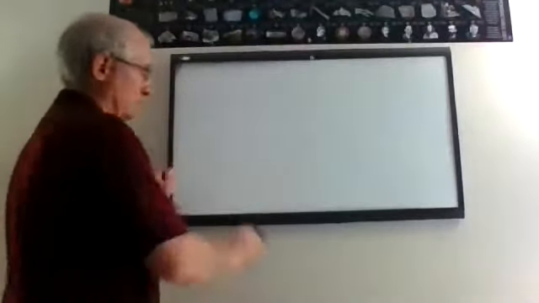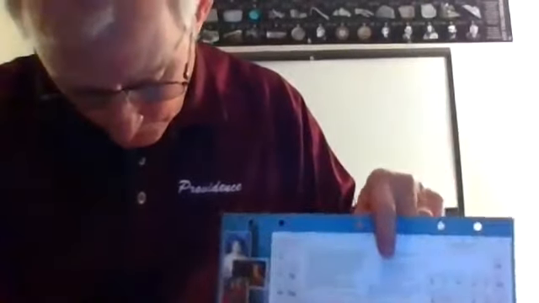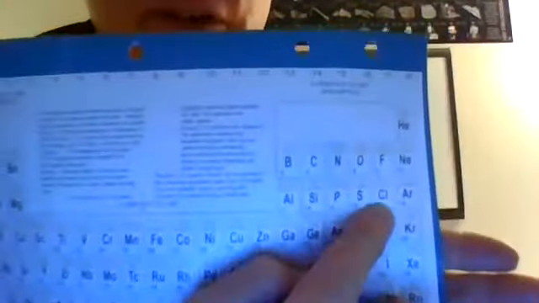Okay? And so the average is 35.45 AMU, the average mass number, or the average atomic mass. It's the weighted average. And that's chlorine. I'm pointing at it right here. You see that? Chlorine is element number 17, has an average atomic mass of 35.453.